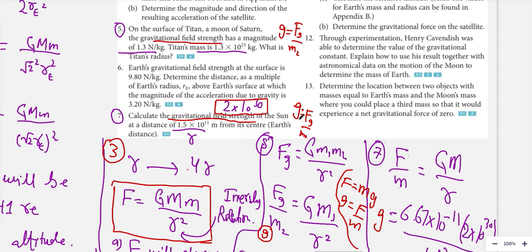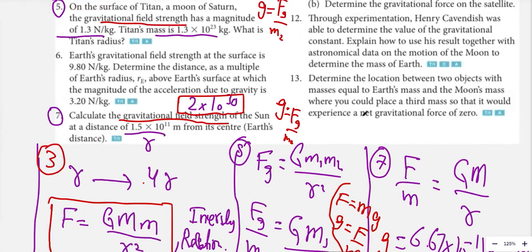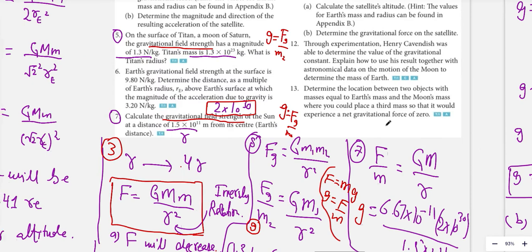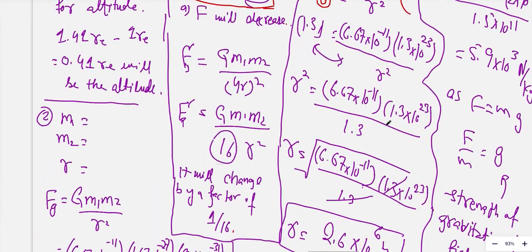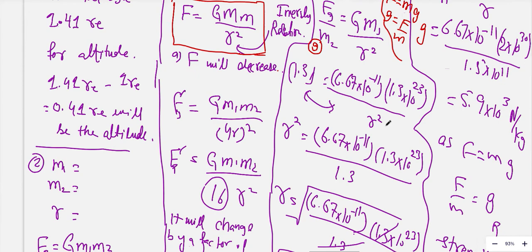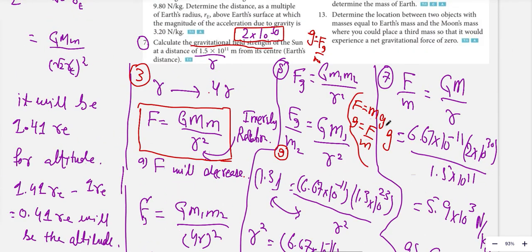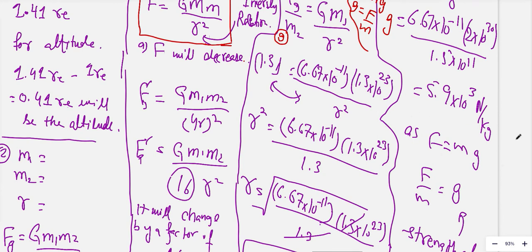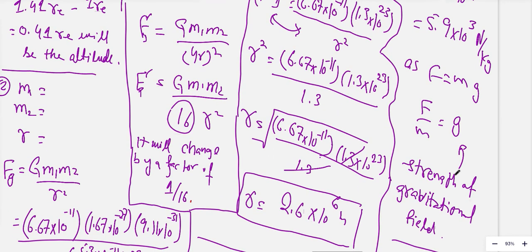And after that, you can memorize that it is 2 into 10 to the power 30. Okay, after that, I just explained that as F is equal to mg and g is equal to F over m, this is called strength of gravitational field, force per unit mass.